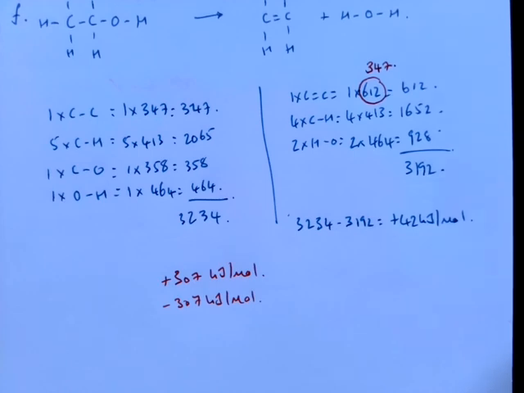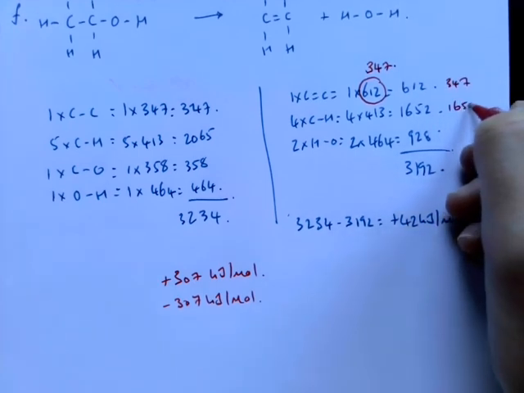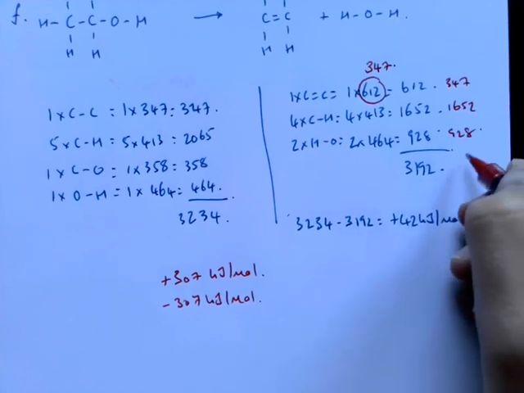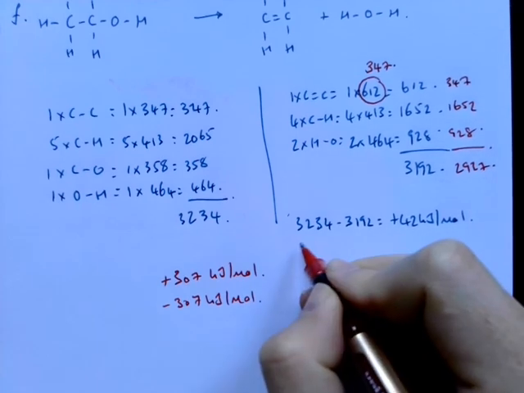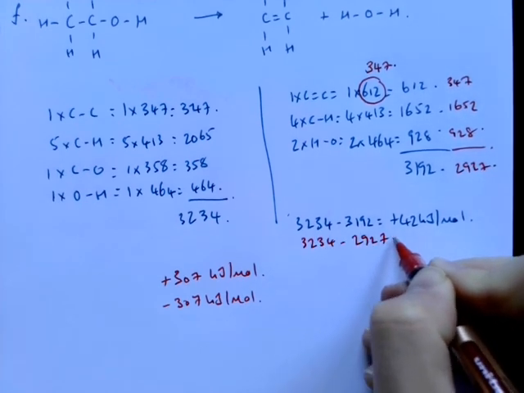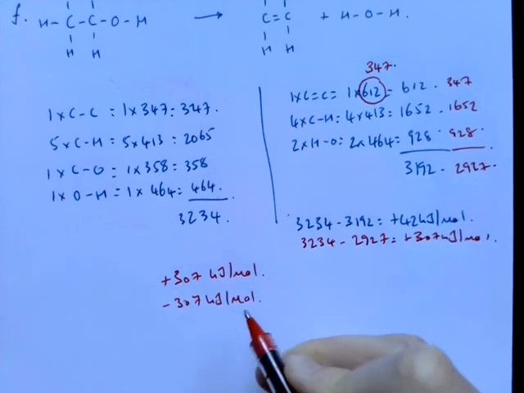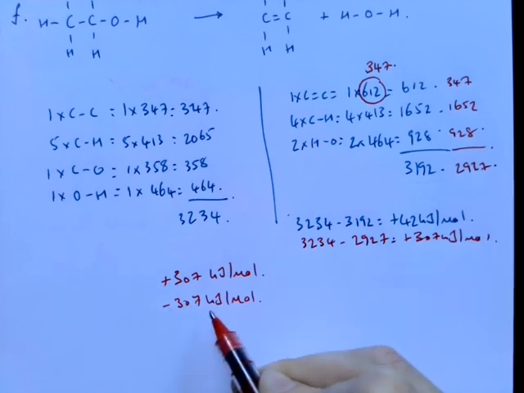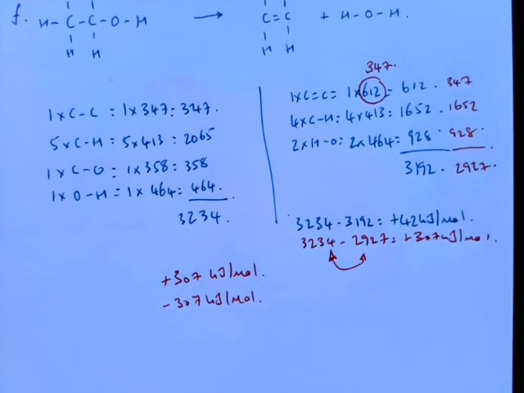So if you had 347, 1652, 928, that would give you 2927, and then 3234 minus 2927 is plus 307 kilojoules per mole. If you got minus 307, it's because you did it the other way around. Maybe you didn't like the look of a positive number, so you did it the other way around to get a negative number. Don't do that. A positive number is fine.